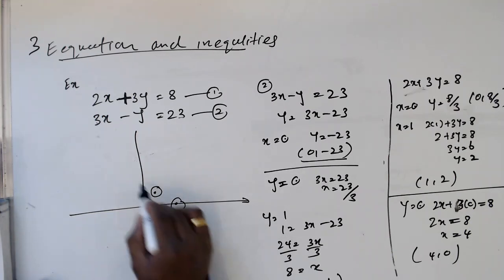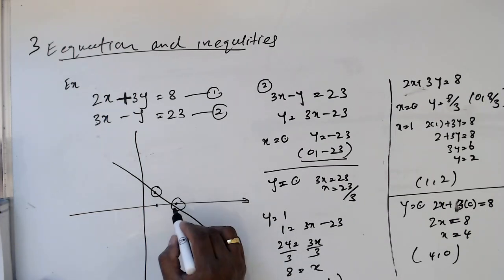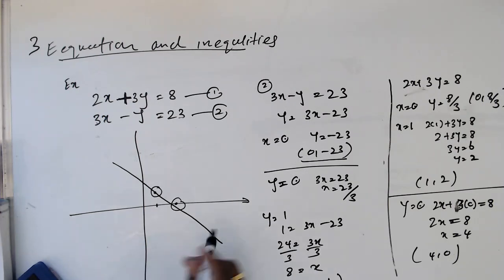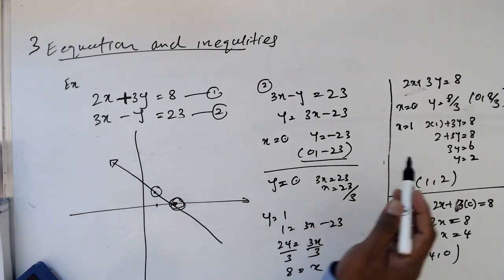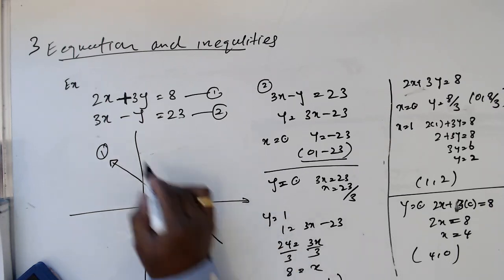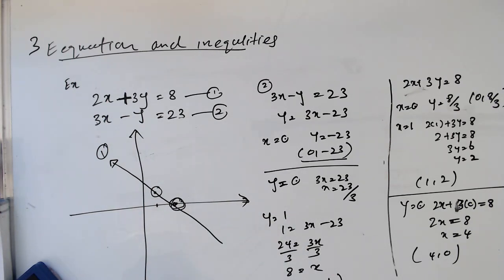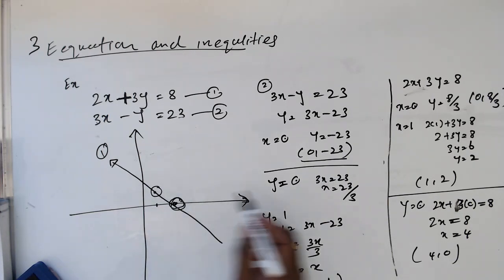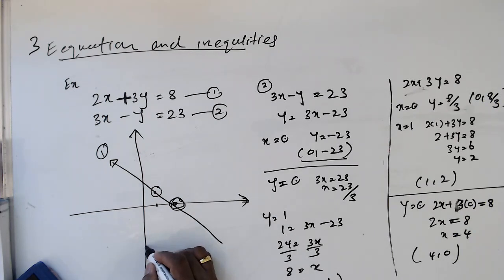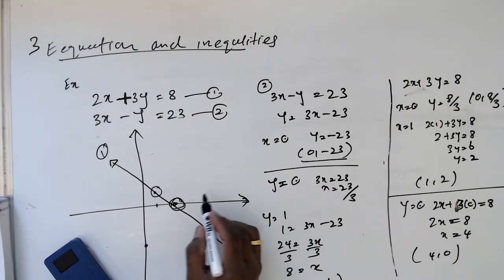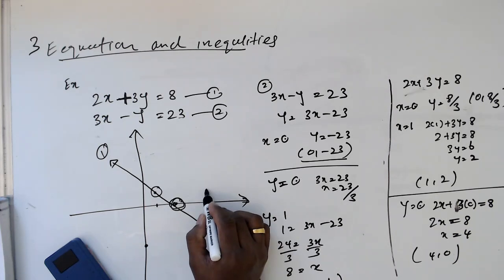And for the other one, (0, -23) somewhere here, and (8, 1) somewhere here.